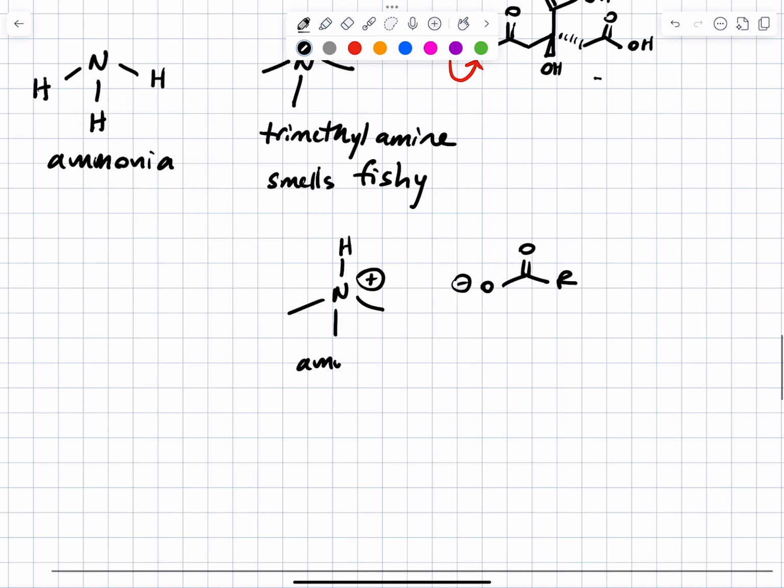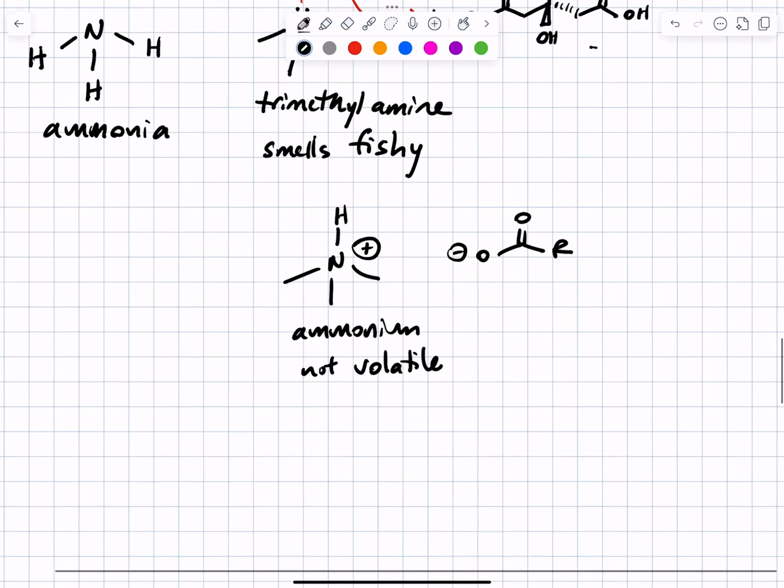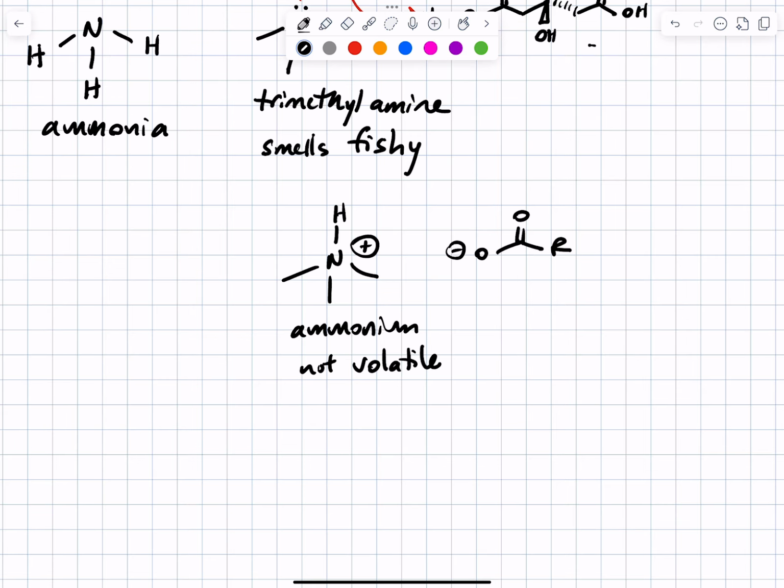This now ammonium ion that you've seen before is not volatile because it is charged, and it stays in solution near its counter ion, so rather than becoming part of the air, it doesn't evaporate so much as it stays in solution, so it's much less smelly.